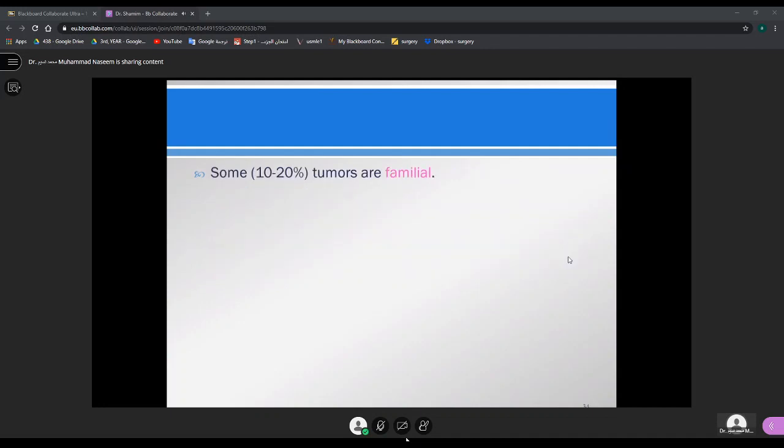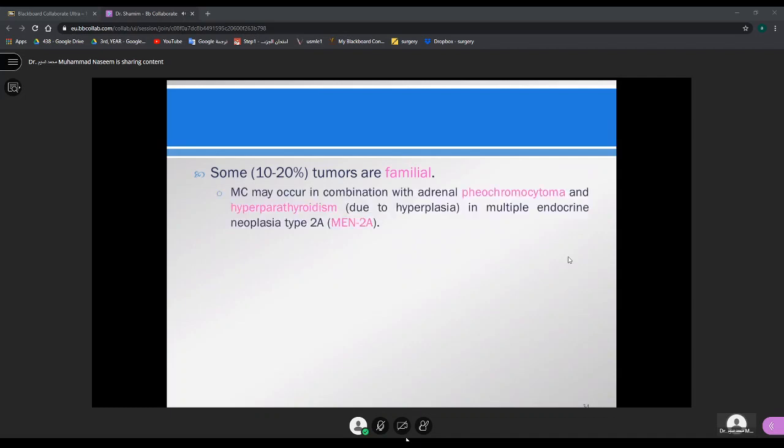But 10 to 20% of tumors are familial. So, medullary carcinoma may occur in combination with adrenal pheochromocytoma and hyperparathyroidism due to hyperplasia in multiple endocrine neoplasia type 2A.